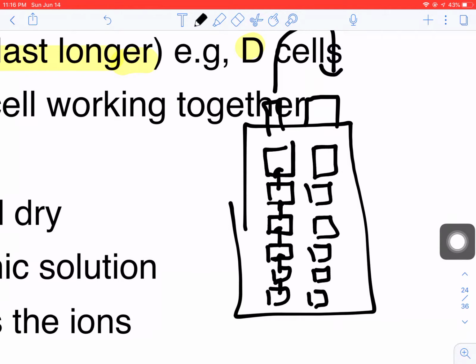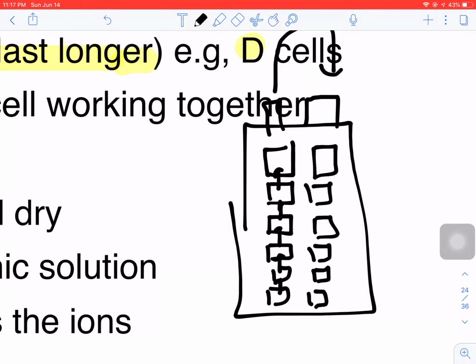So I've got 12 chambers going on in here. Each set of 2 chambers provides electrons from 2 half cells, which give me a cell, which is 1.5 volts. So the difference between a cell and a battery is a cell has only 2 chambers. This is multiple cells, 6 cells that are all joined together.